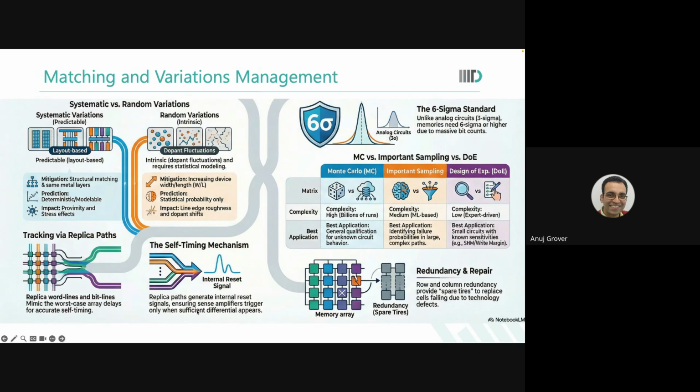Let's try our level best to avoid variations altogether. We've been talking about avoiding mismatches since the beginning. We talked about common centroid, not last lecture, not the one before, but much earlier. We talked about matching in terms of the metal layer in which we are routing sections.